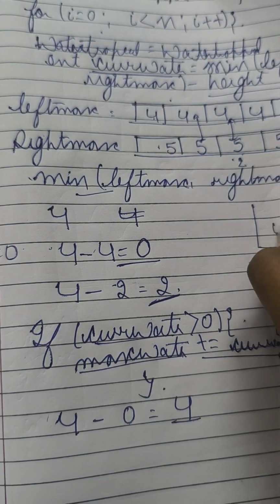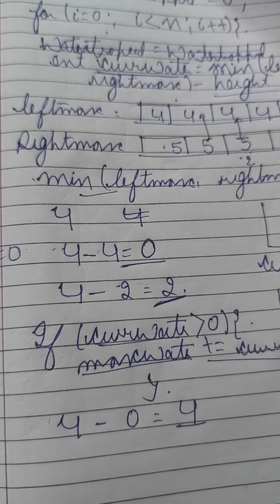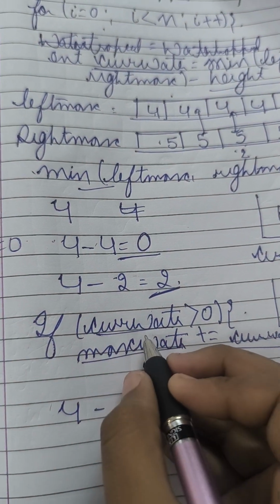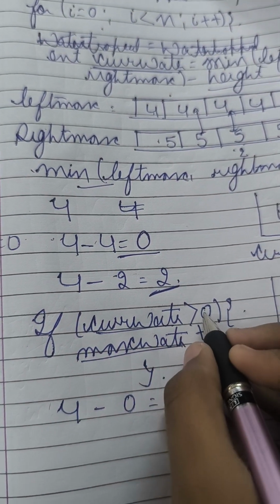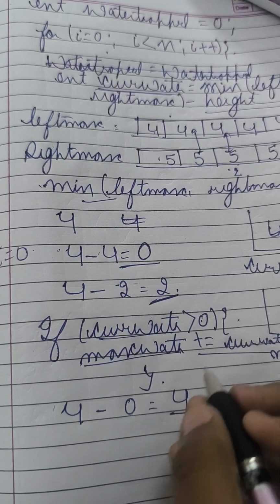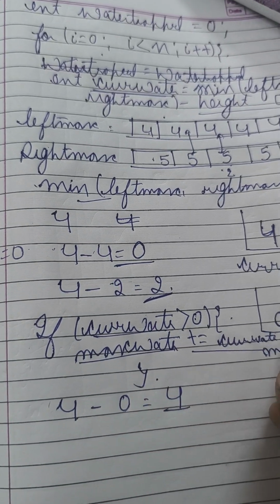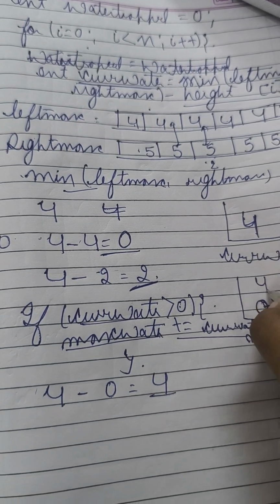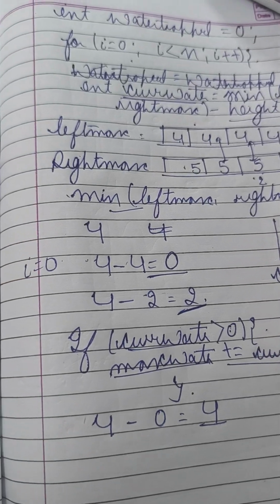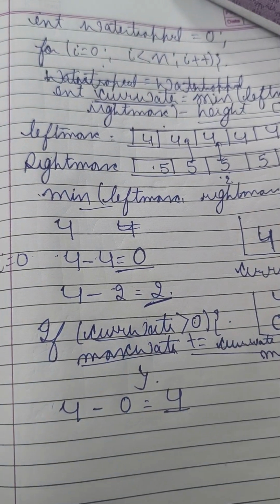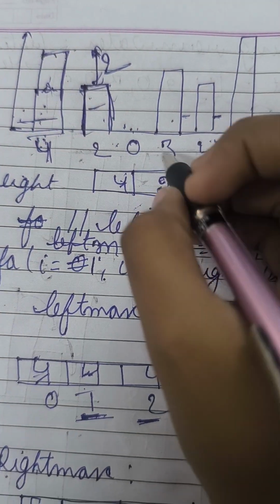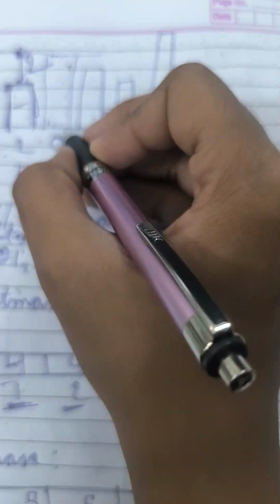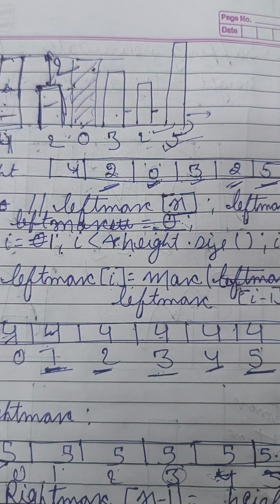So in current water the value 4 has got stored, and now the condition is applied: current water greater than 0. Yes, 4 is greater than 0, so max water equals max water plus current water. Now 4 will also get added up over here. And if you are getting confused, guys, just see how much water is going to be stored over here: the entire 4 water, because here no bar is there, so the 4 amount of water is going to get stored over here.